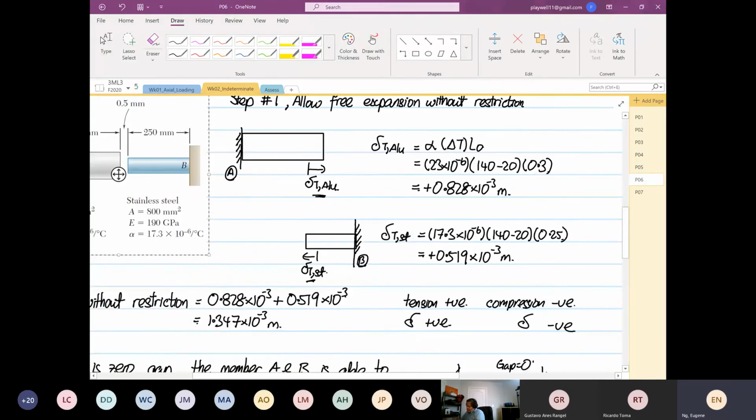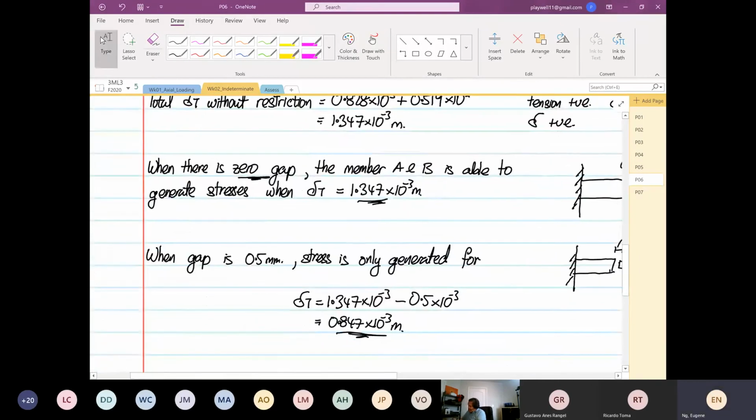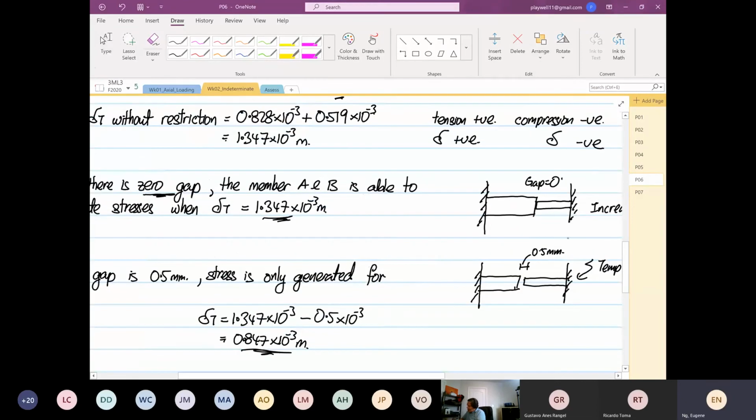Now, the previous part when I started over here, let's say the question did not have any gaps at all. Stresses will start to build up over the thermal expansion length of 1.347 times 10 to the power minus 3.